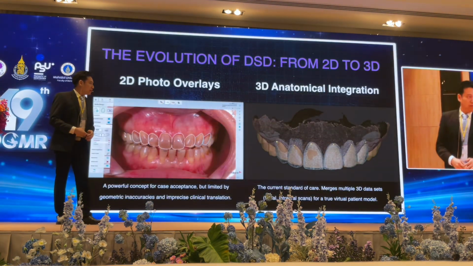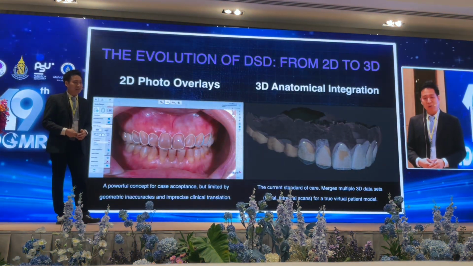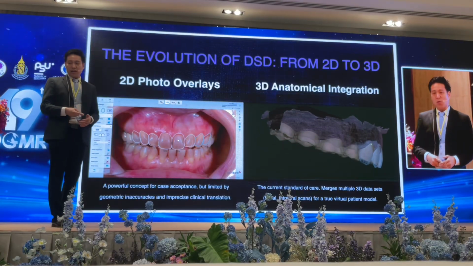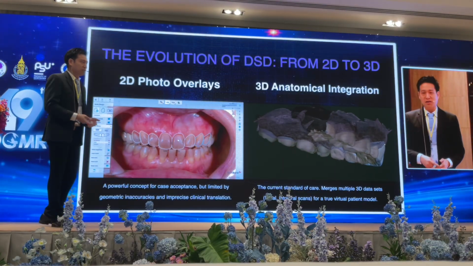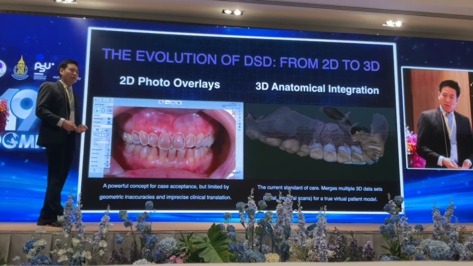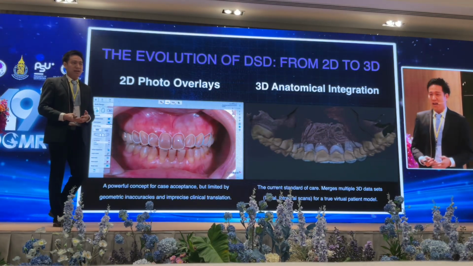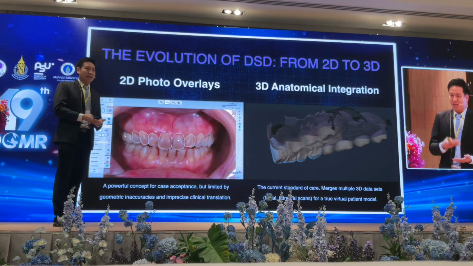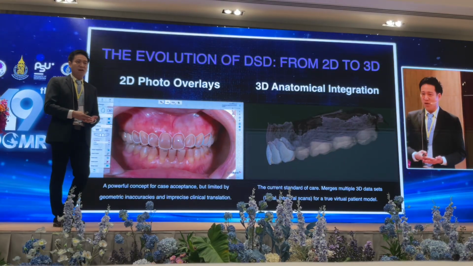Then the new evolution is the new version. We evolved from the 2D photo overlay into 3D anatomical integration. With new technology and with the help of AI, we can merge the 2D picture, the 2D design, into the 3D model of the intraoral scanner.